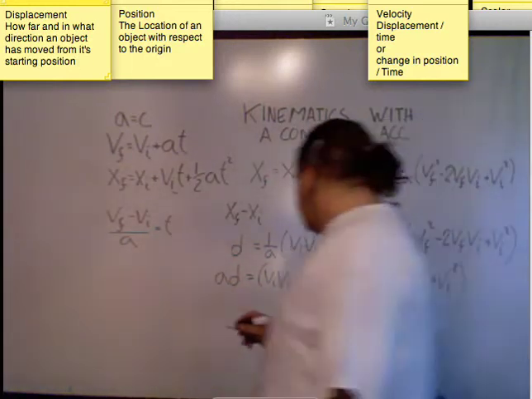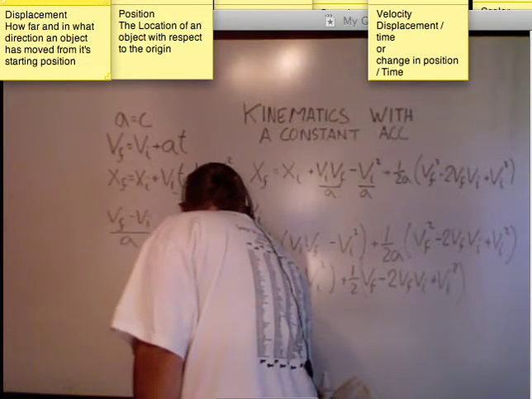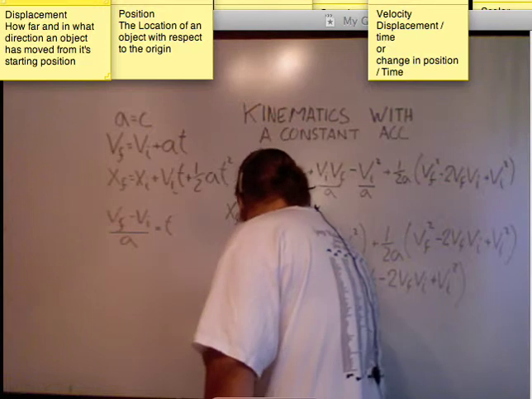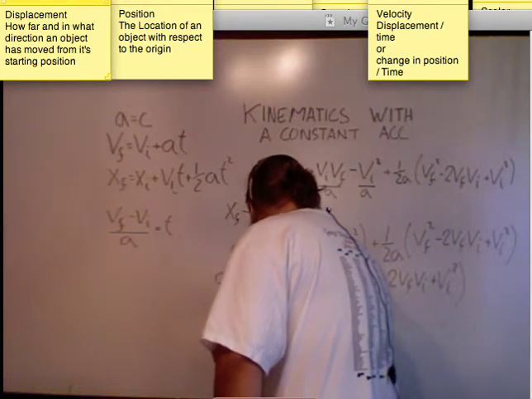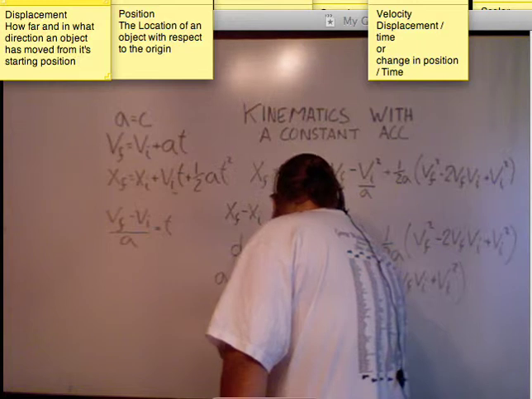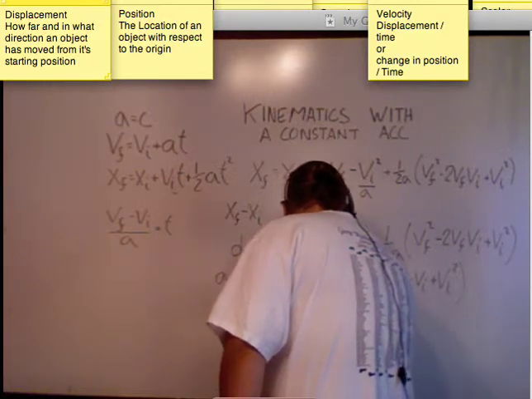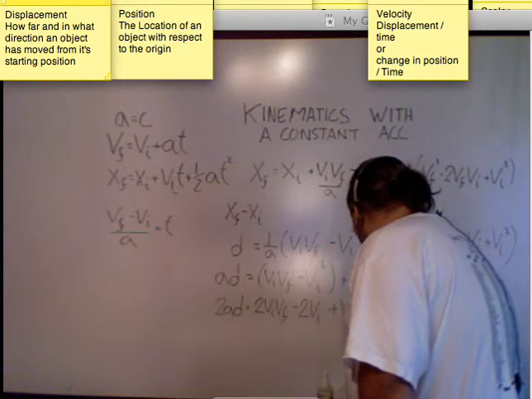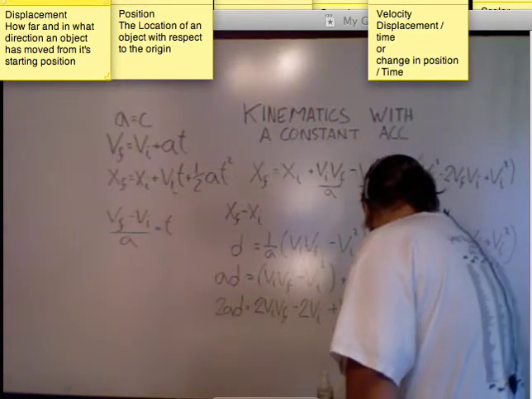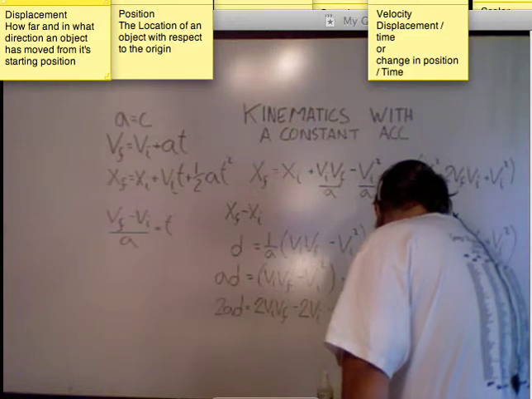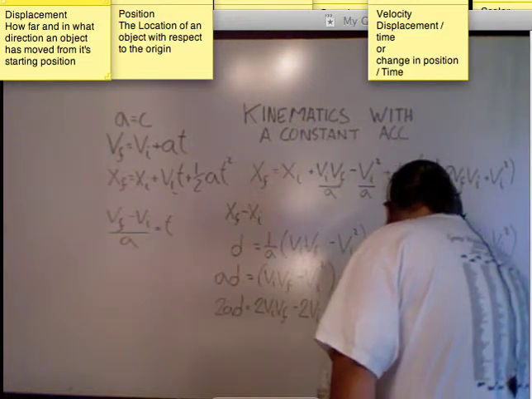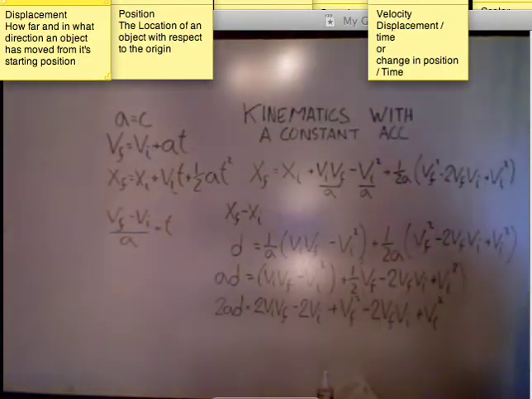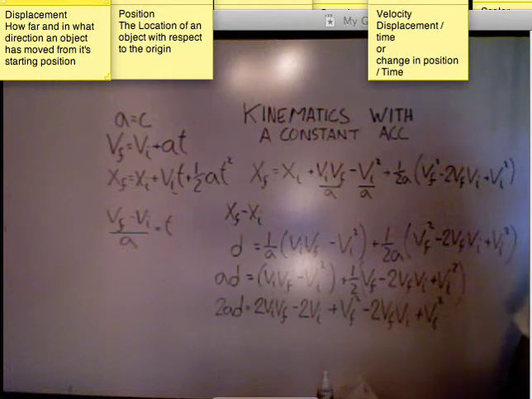So that gives me 2AD equals 2 v initial v final minus 2 v initial squared plus v final squared minus 2 v final v initial plus v initial squared. Cool? It's actually looking a lot better.